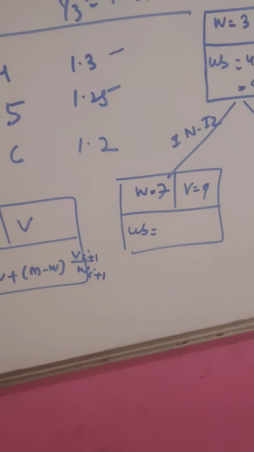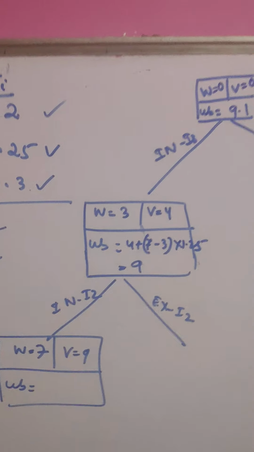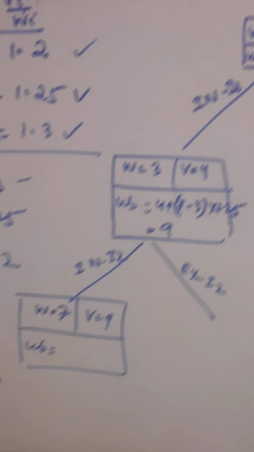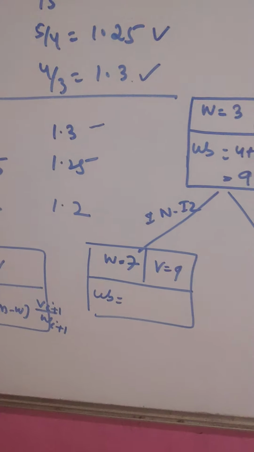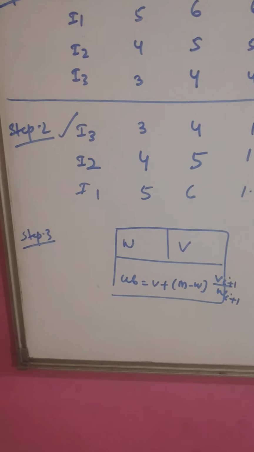What about upper bound? So now upper bound is equal to, what is the formula? Now here, look, I have included I3, I have included I2, the last option is item I1.